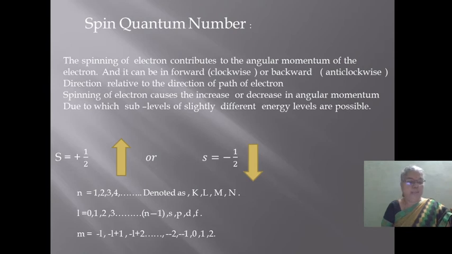At the last, if n equals 3, then the energy level is designated by capital letter M, and the maximum number of electrons accommodated in it will be 2 into 3 raised to 2, that means 18 electrons. And this is about the quantum numbers.